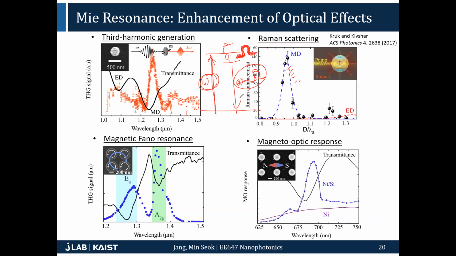This process is also a second order process, a non-linear process. So if you have a strong light confinement inside a nanoparticle, then this process can be enhanced a lot. You can see the Raman enhancement is more than 100 times.